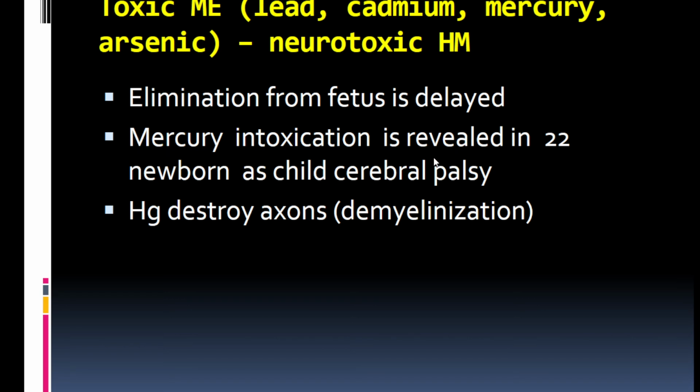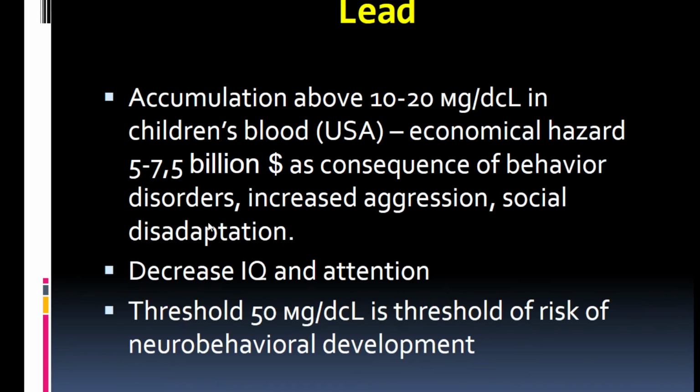Mercury intoxication is revealed in newborns as child cerebral palsy, and mercury destroys axons. Demyelinization is famous as a consequence of mercury action on nervous tissues, on axons, for example.